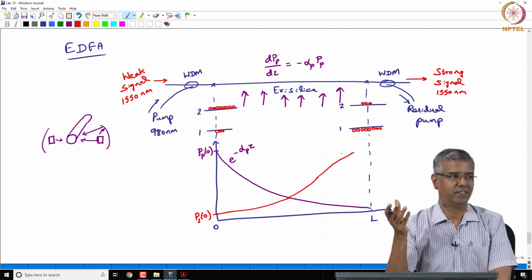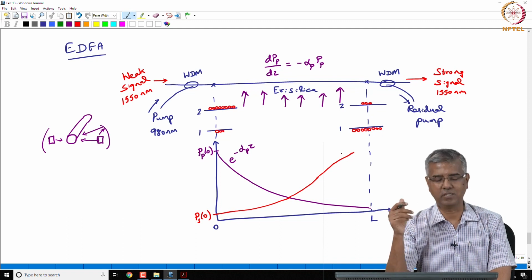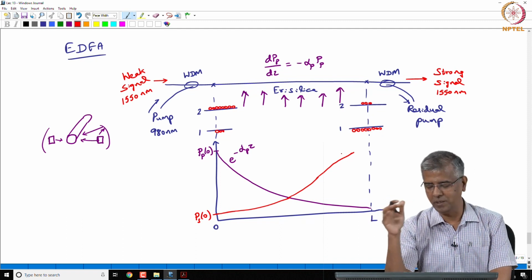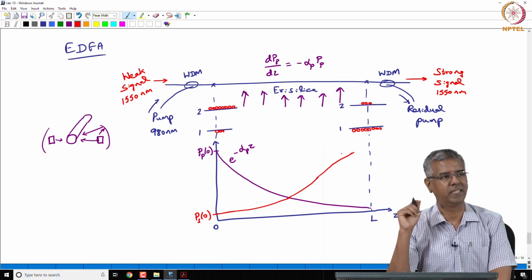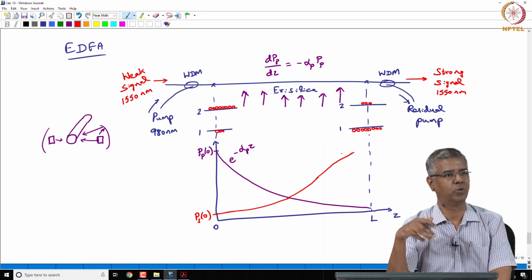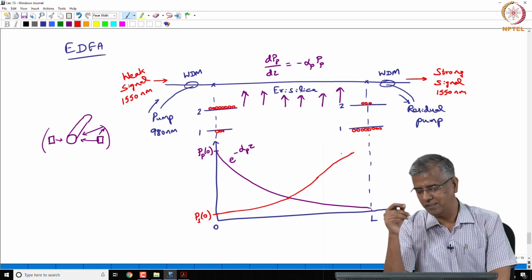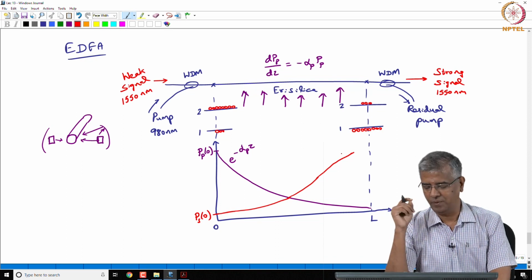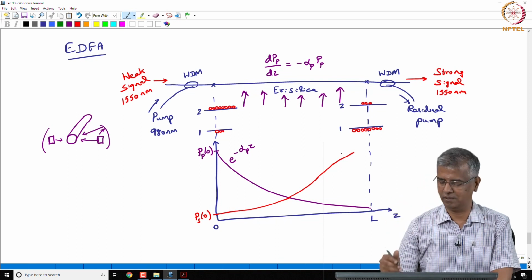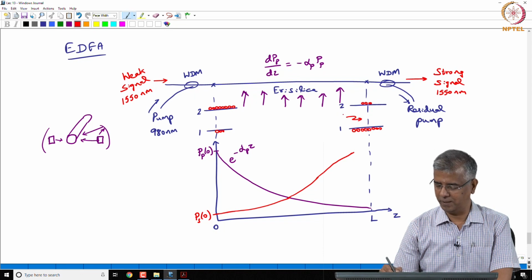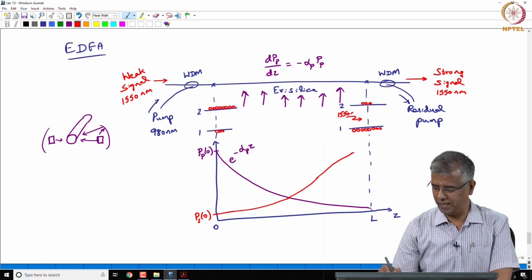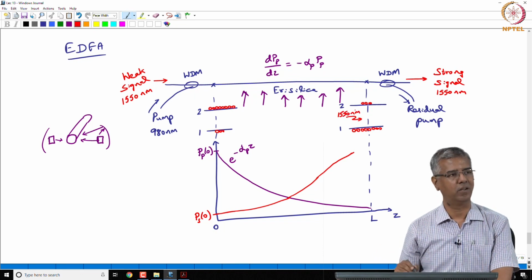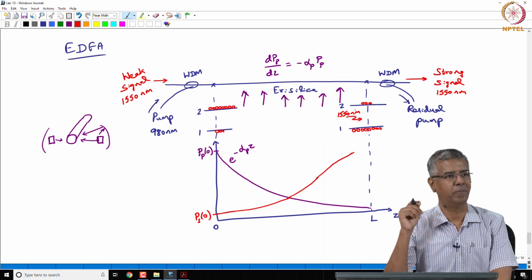Stimulated absorption, right? Because there are not too many photons, too many atoms in that excited state, everything is in the ground state. So the probability of actually having that absorption event, so you have here 1550 nanometer radiation come along, and that energy difference corresponds to 1550 nanometers.